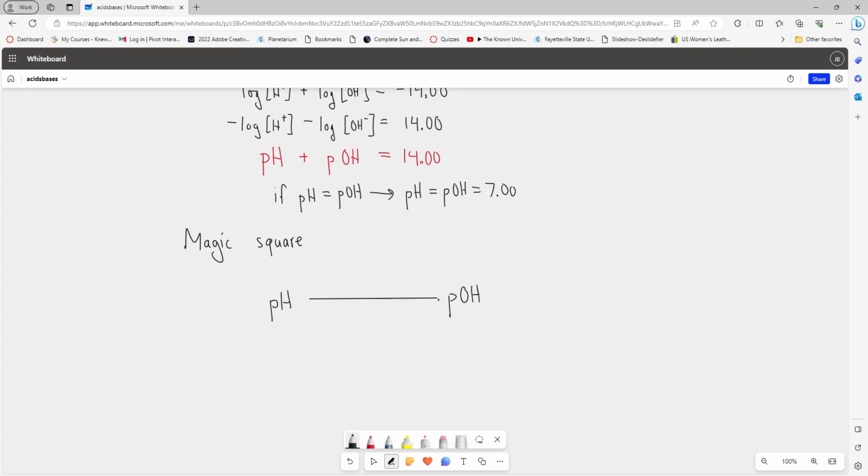When you go between the two, it's 14 minus whichever of the two you know. 14 minus the pH gives the pOH, 14 minus the pOH gives the pH. So if we know the pH to be 4.25, let's say, then we subtract it from 14. So this becomes 9.75.